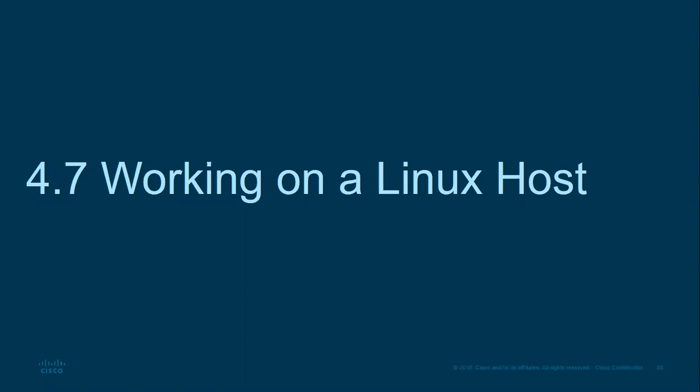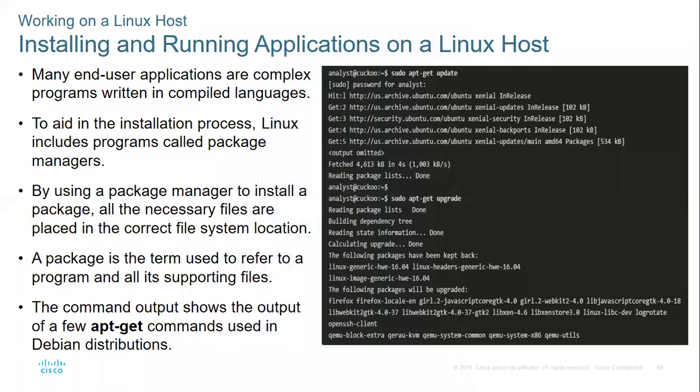All right. Working on a Linux host. If you want to install or update the Linux operating system, this is the command. Of course, you have to be a super user. That's why you have to start with sudo apt-get. What do you want to do? Update. You just have to type update, and it's going to easily update.